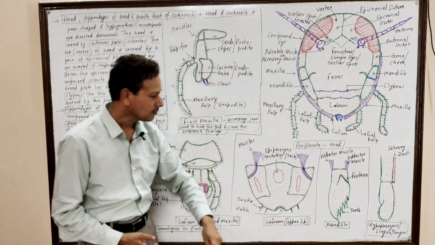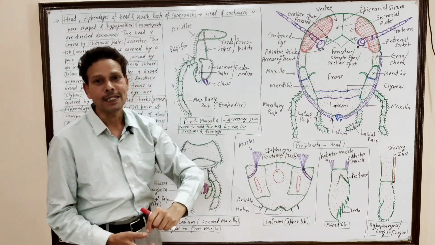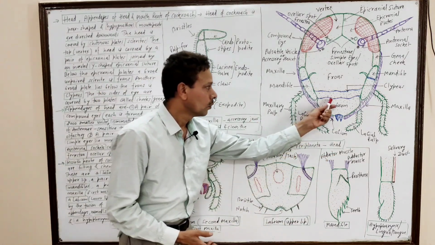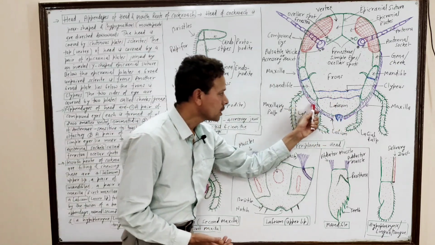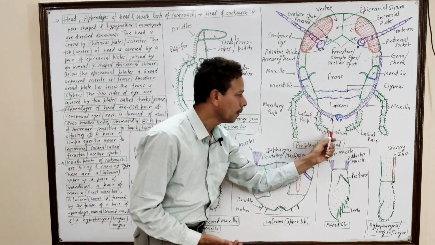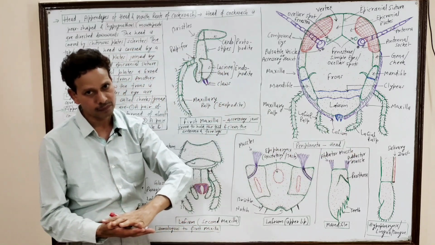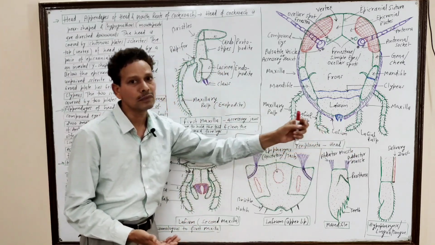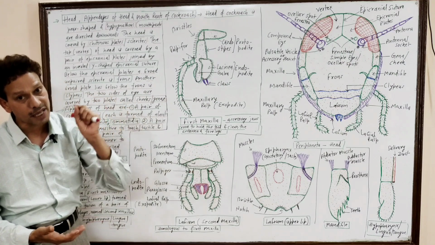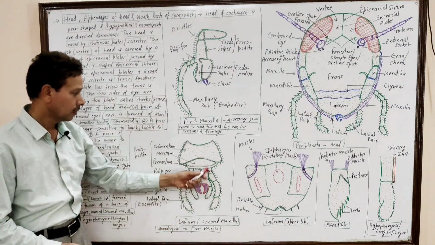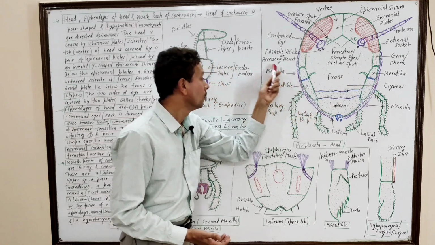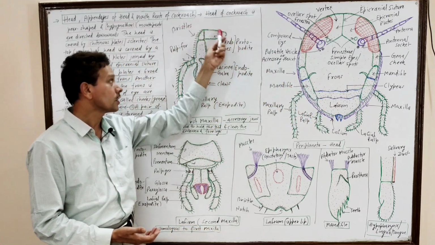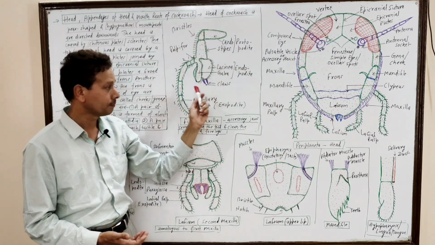Now down, in mouth parts, one labrum, it is upper lip. This lower part is labium, it is lower lip. This labium acts as second maxilla, and the first maxilla, these are a pair of structures. This is the structure of first maxilla.